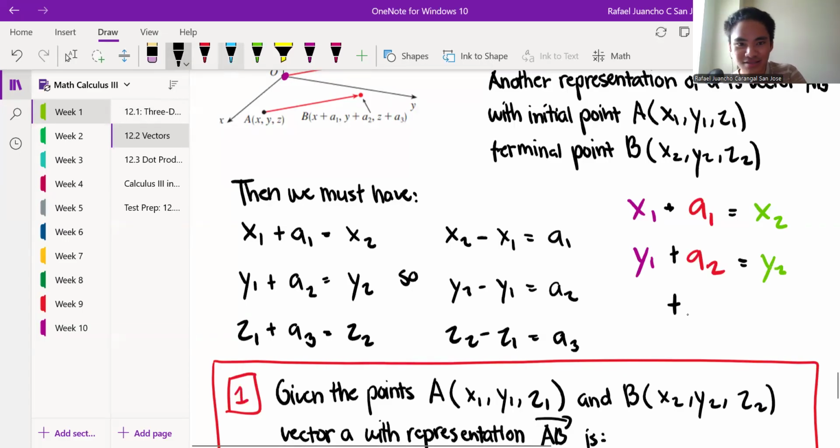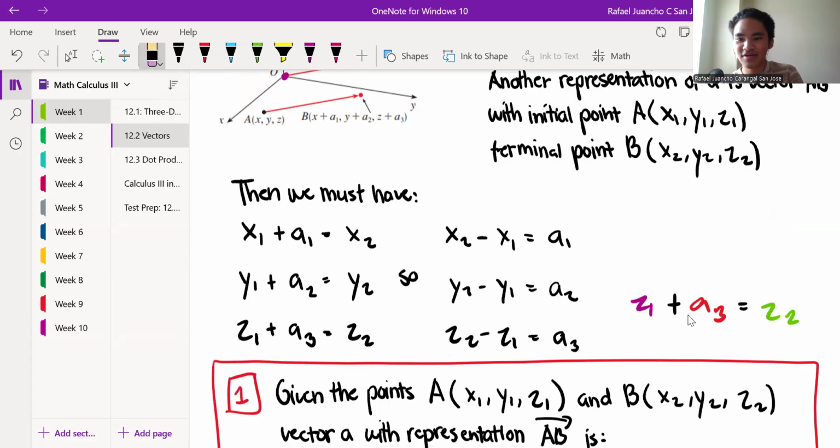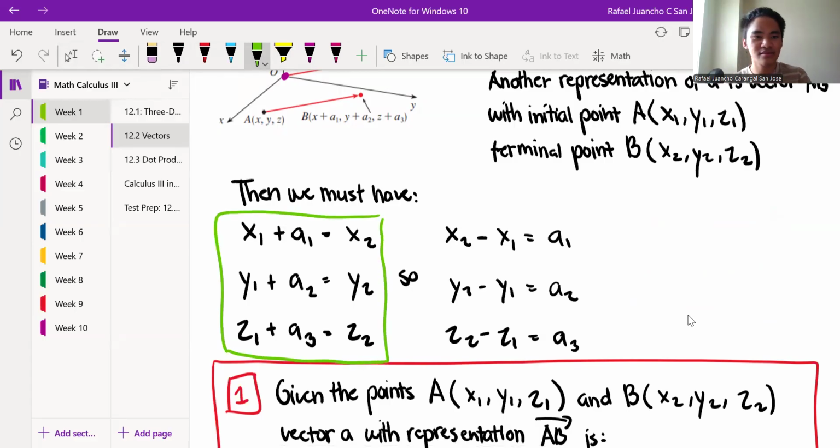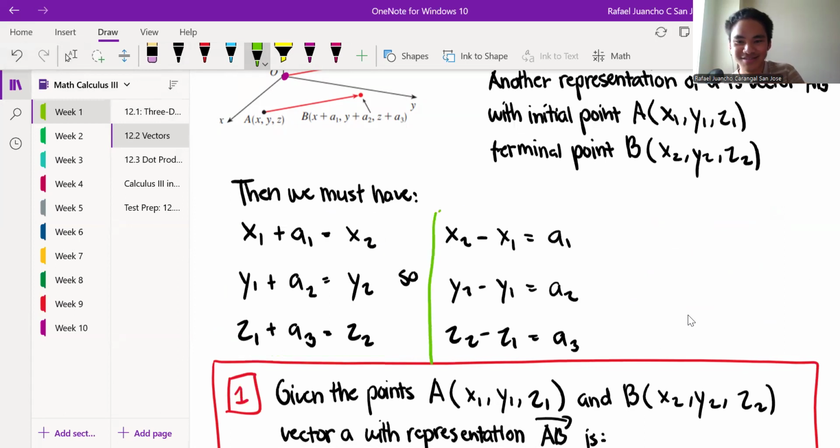And z1 plus A3 is equal to z3. I'm kidding, z2. And then we just do a little bit of algebra, and this is the distance for each point. A1 is x2 minus x1, A2 is y2 minus y1. You get the story.